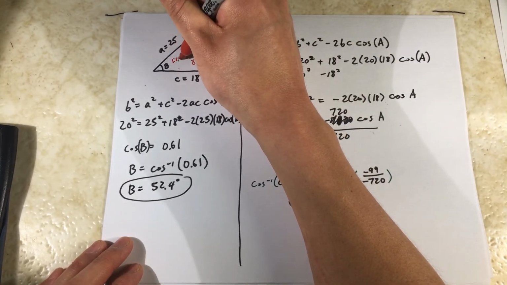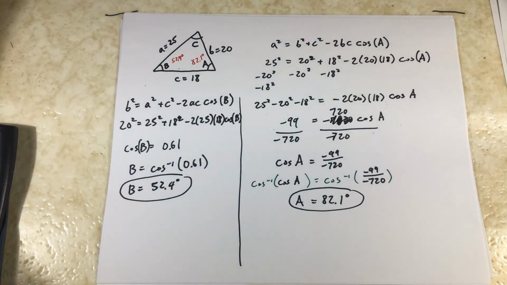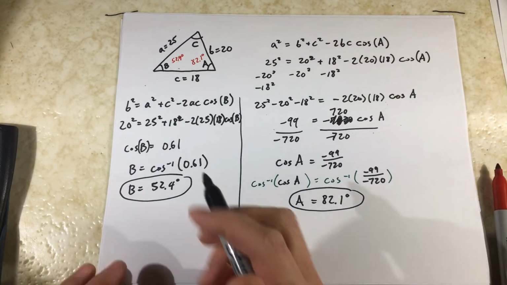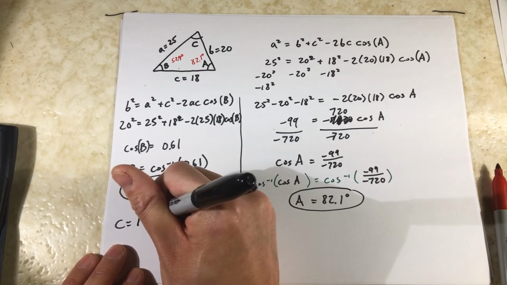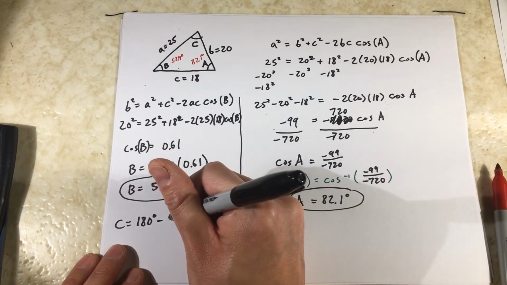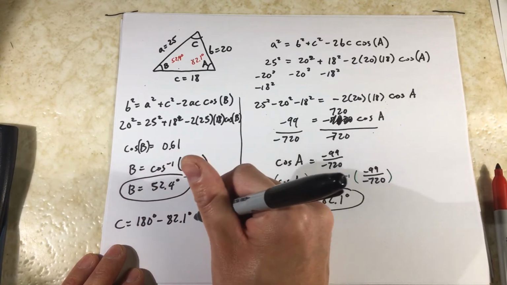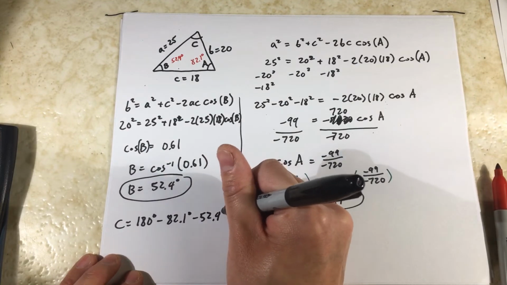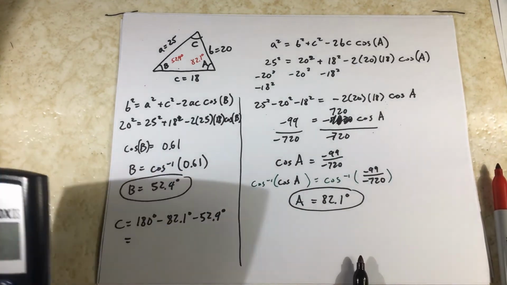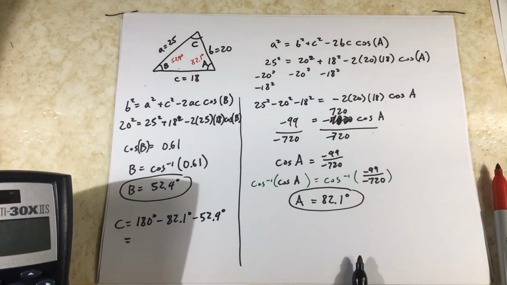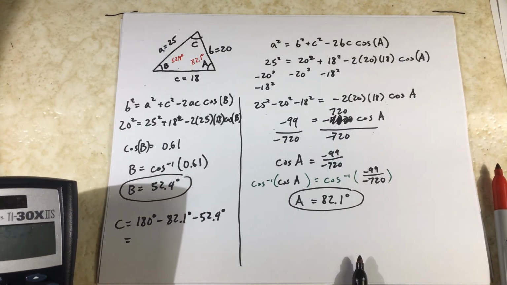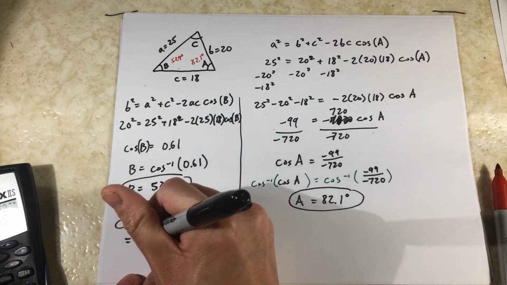It really was the same process as the other one. And for the last angle, C, we know two of the angles, so the three angles should add up to 180 degrees. So 180 minus 82.1 minus 52.4. You get 45.5 degrees.